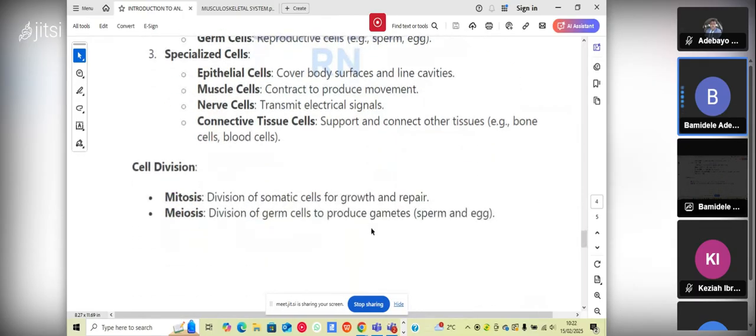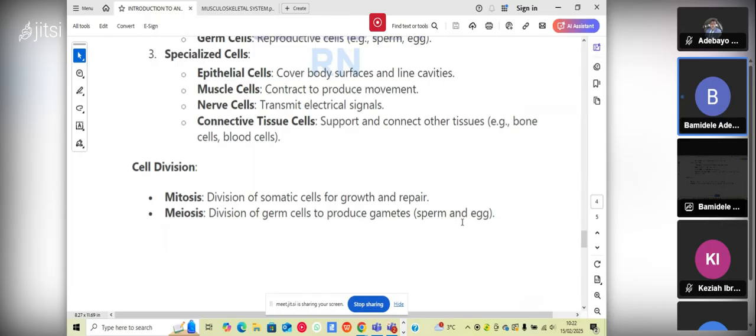Having talked about cells, we need to talk about their division. Division of cells is of two types. We have mitosis, the division of somatic cells, which is for growth and repair, breaking down into two for increasing in numbers and repairing damaged cells. And then we have meiosis, the division of germ cells.